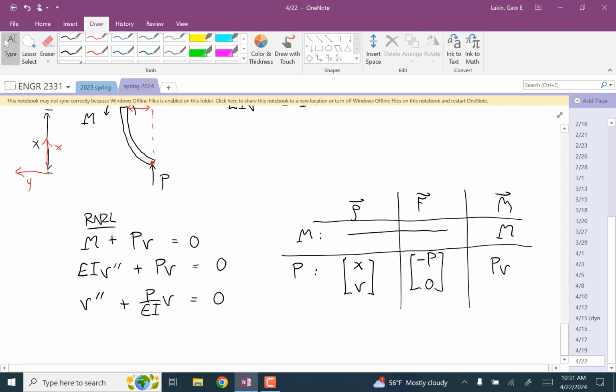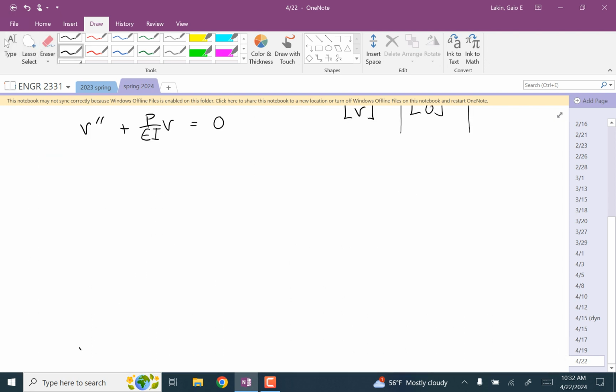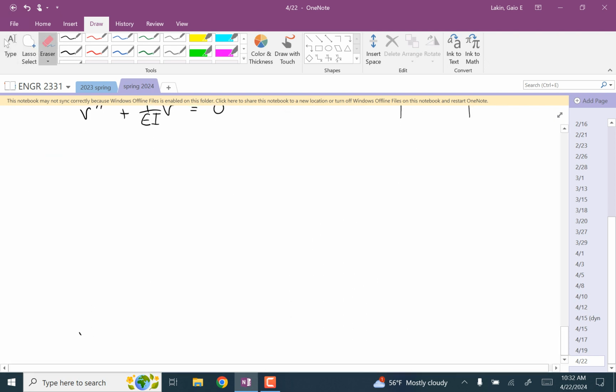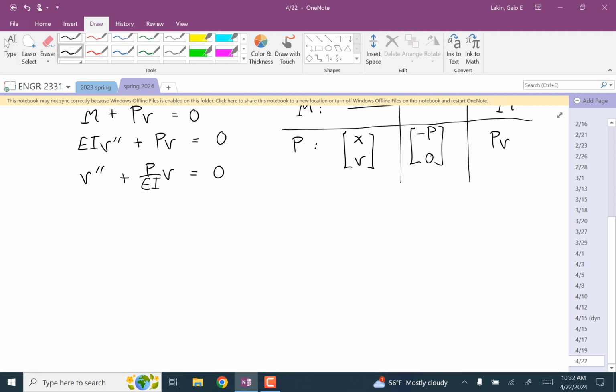All right, now take a minute and come up with a general solution for that differential equation. This is where we're going to assume the form of sinusoidal functions. Okay, so now we're going to assume a form for the solution of V is equal to some constant C1 times the cosine.